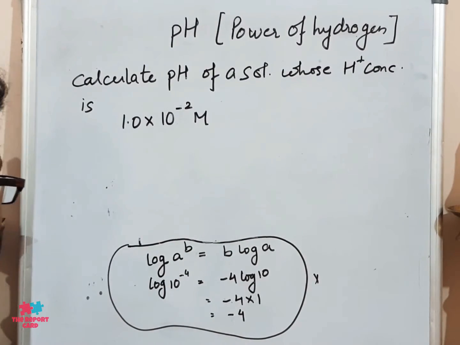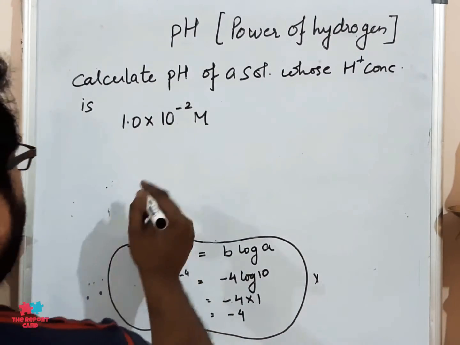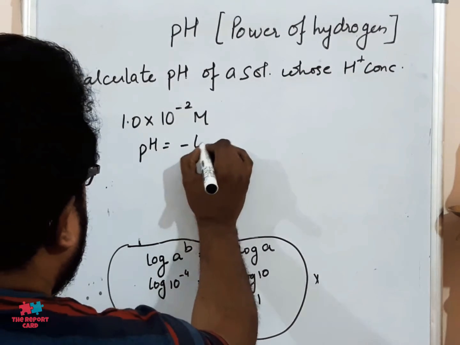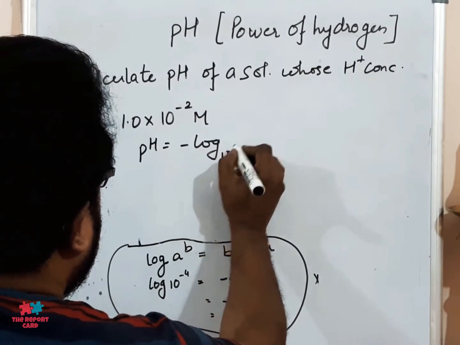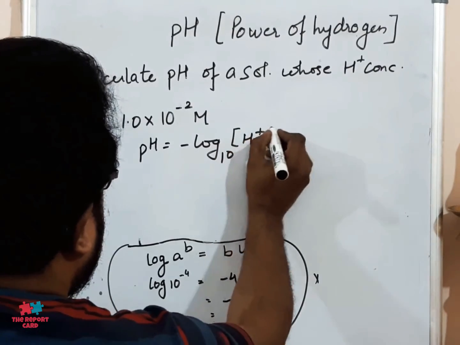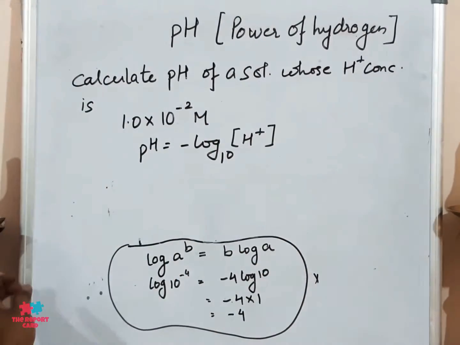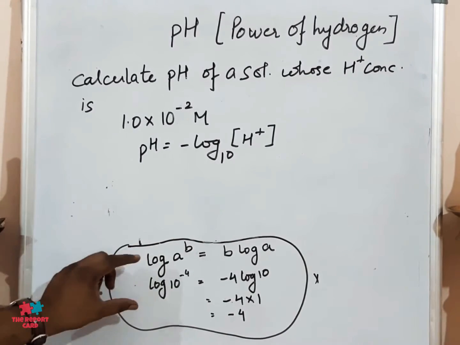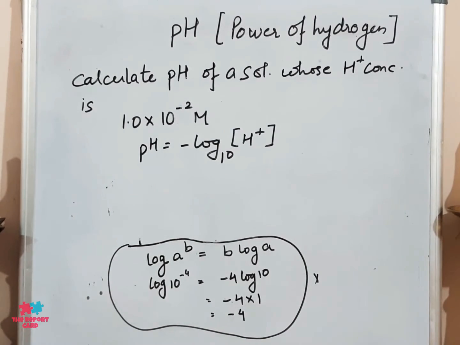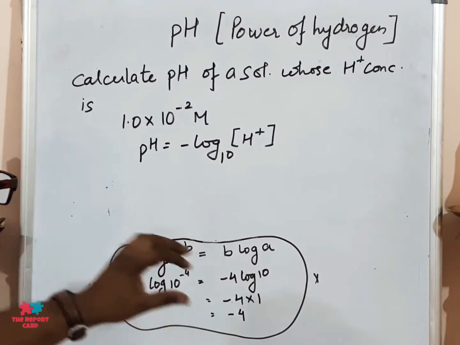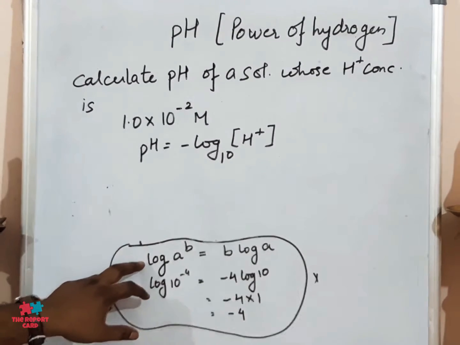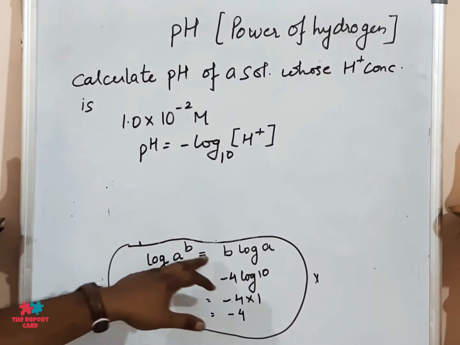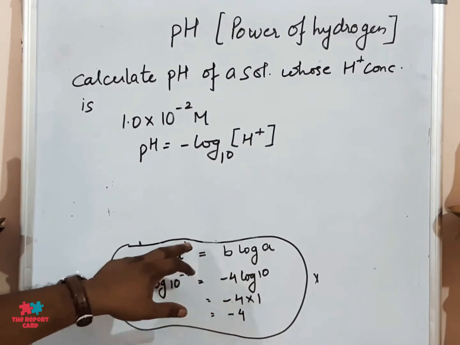Whenever we are calculating the pH, pH is equal to minus log base 10 hydrogen ion concentration. Before we solve this, let me give you a very simple mathematical rule for logarithms. Suppose you have log a to the power b, this is log base 10, so you can write b log a.